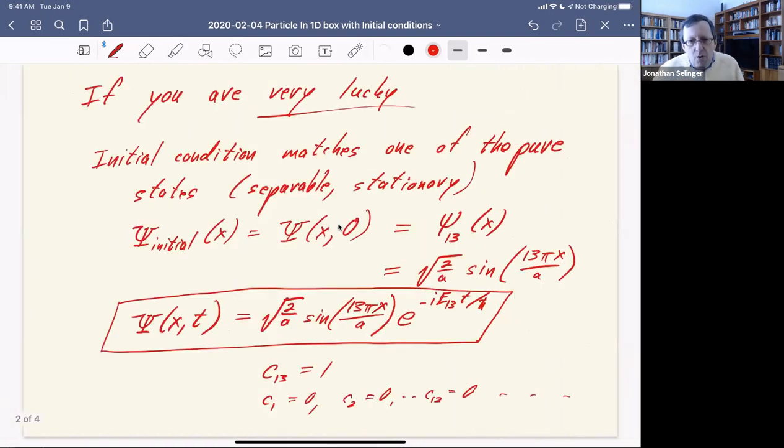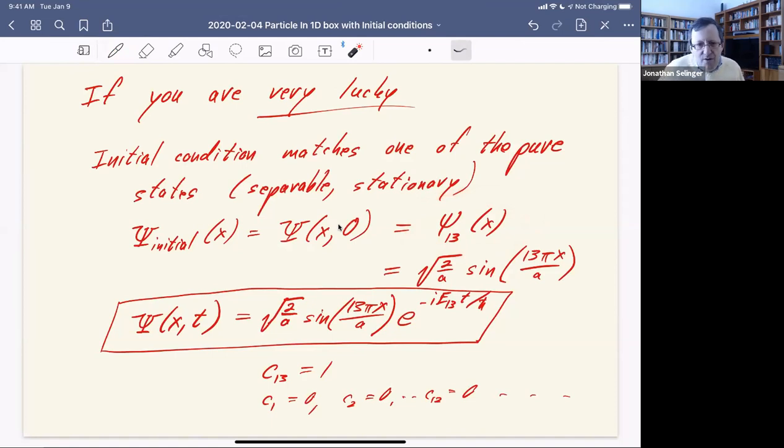Okay, so one possibility is if you are very lucky, then the wave function in the initial condition matches one of the pure separable stationary states. Okay? And so here I had an example. Maybe it matches state number 13. Okay, in that case, we know what to do.